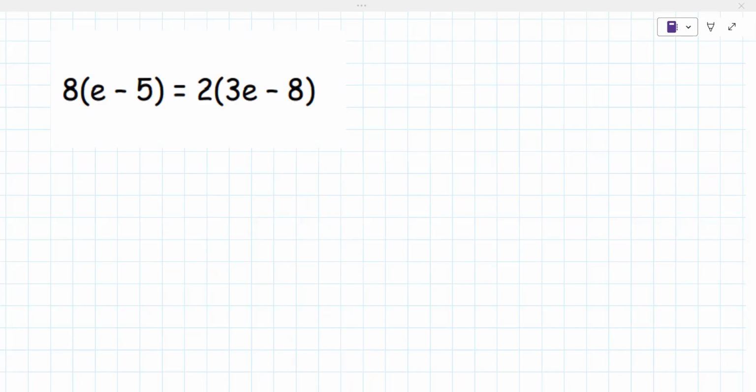Is the end answer E equals 12? It is, well done. That's excellent.